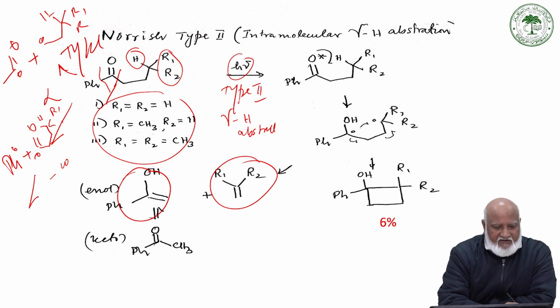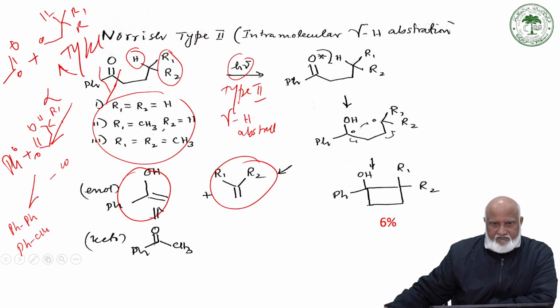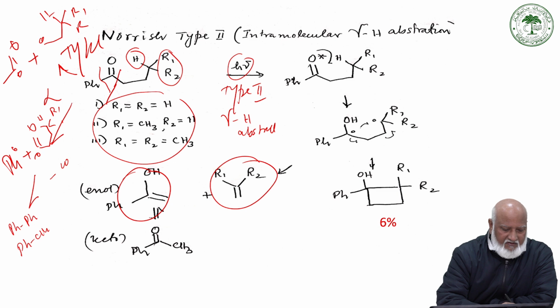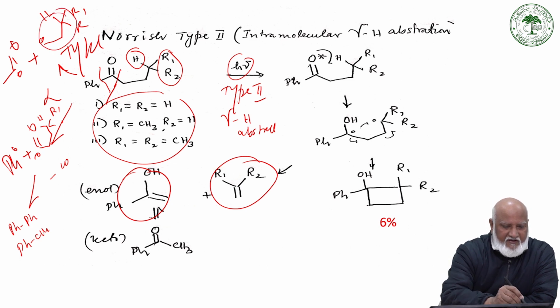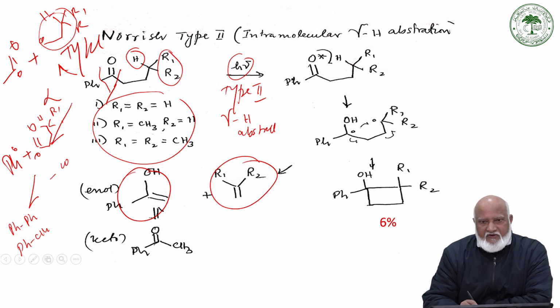So from the type 1 reaction we can expect phenyl coupling, phenyl, then CH2 and CH, R1 and R2. So we get 1, 2, and then the self coupling of this radical as well. So we have 3 products from the type 1 reaction and 3 products from the type 2 reaction.